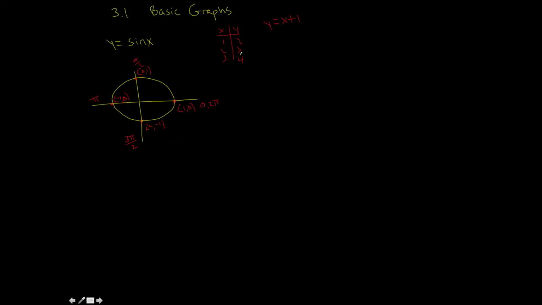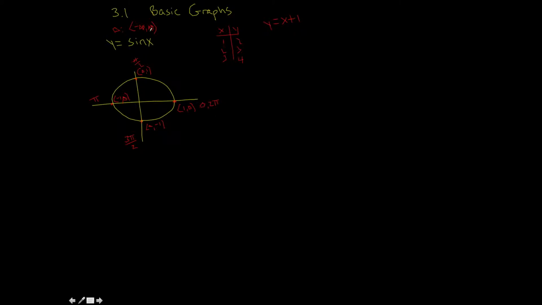There is not a point on the unit circle where you couldn't give me some kind of number for sine. So the domain of sine is going to be negative infinity to infinity.